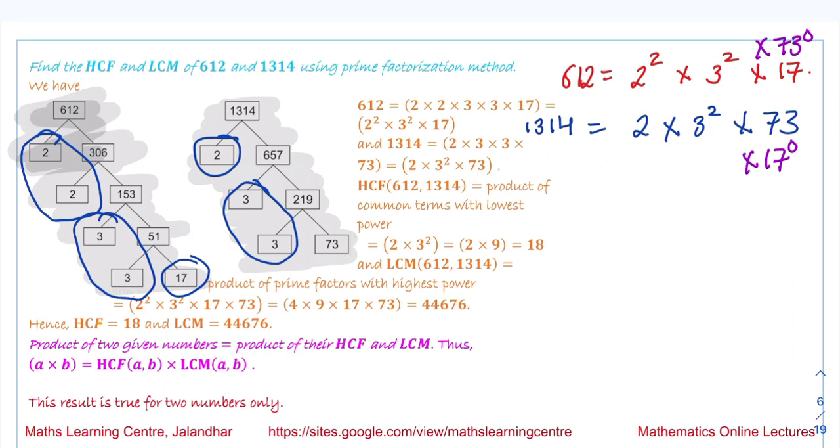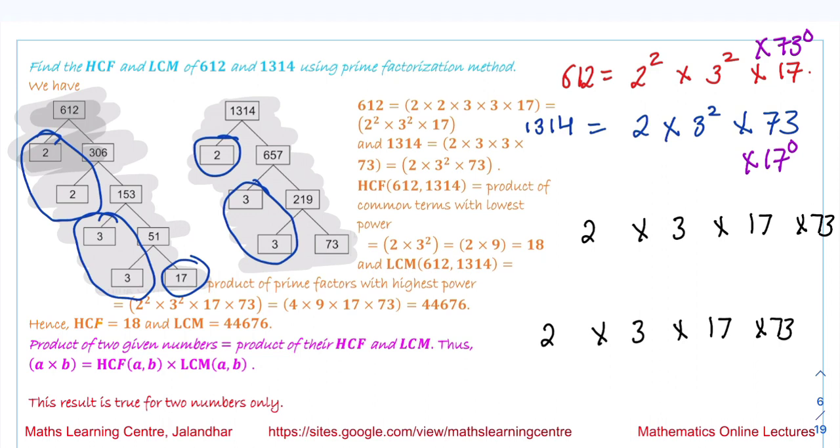So what are the common factors now? The common factors now are 2, 3, 17 and 73.